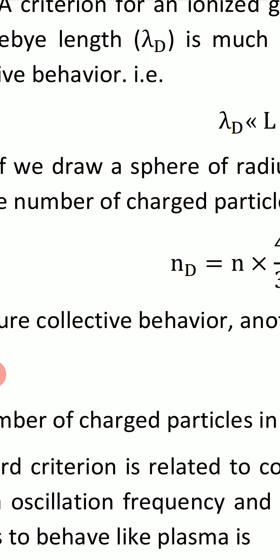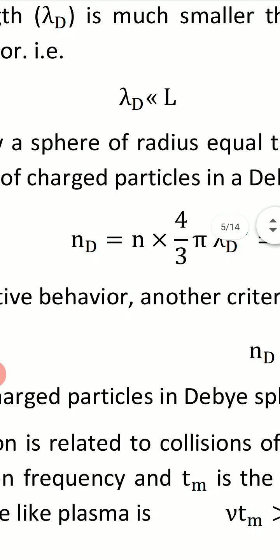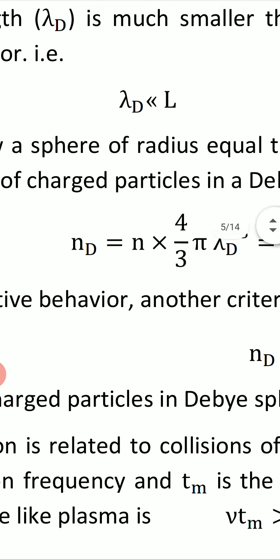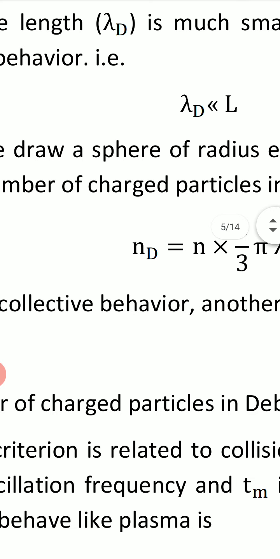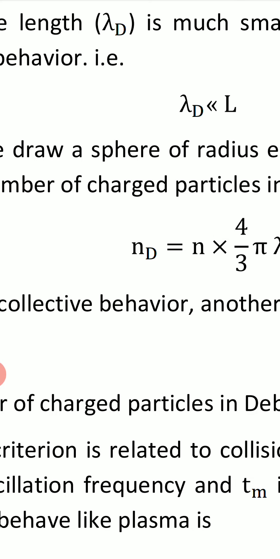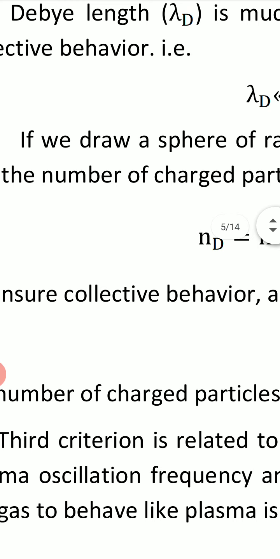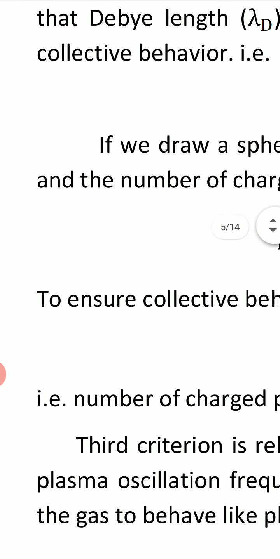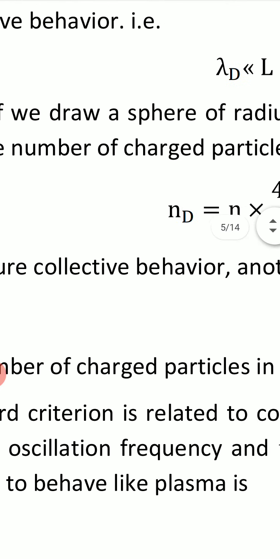So to ensure collective behavior, we must have lambda d, Debye length, much less than L. L is the dimension of plasma. This is the first criterion for an ionized gas to be a plasma. This is the condition for the collective behavior.